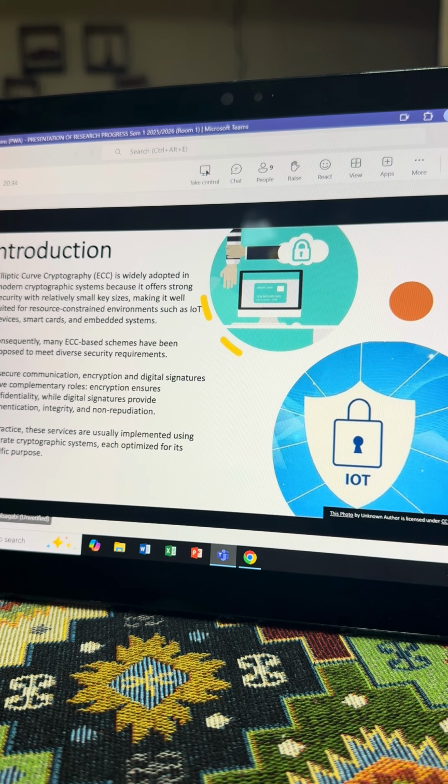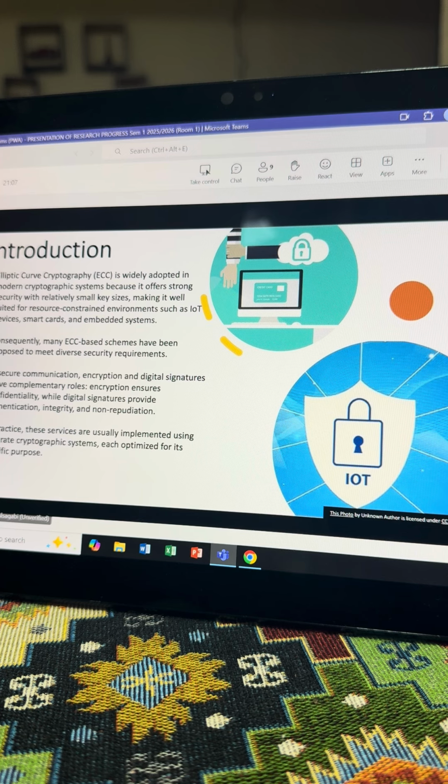Elliptic curve cryptography, or ECC, plays a central role in modern security because it offers high security with relatively small key sizes. This makes it very suitable for devices with limited resources, such as IoT devices, smart cards, and embedded systems. In practice, encryption and digital signature are usually provided by separate systems.